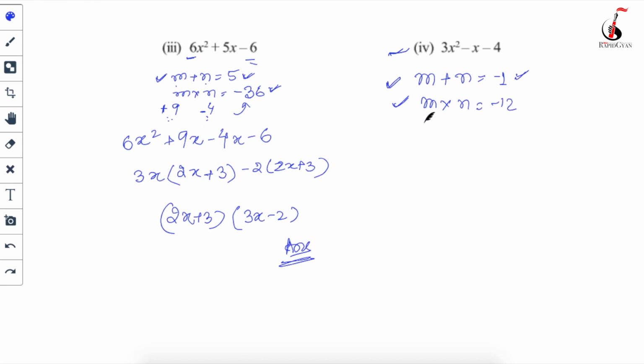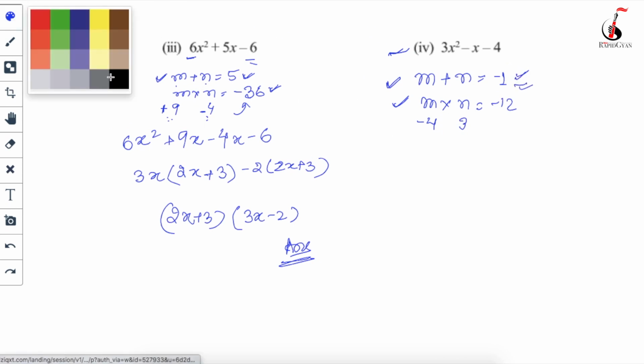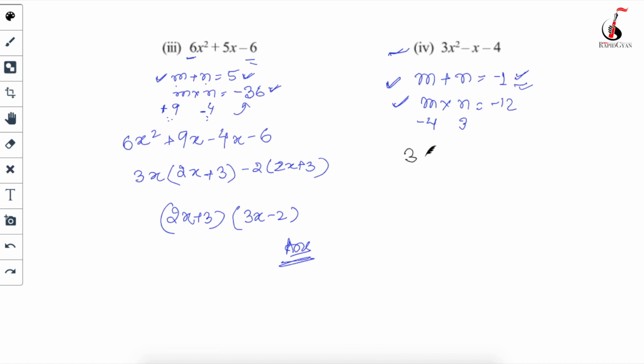So now this is very simple. I can take m as minus 4 and n as plus 3. So 4 threes are minus 12, minus 4 multiplied by 3, and minus 4 plus 3 is equal to minus 1. Simply write this. So this will give you 3x square, minus 4 means minus of 4x plus of 3x, and then minus of 4. From these two terms simply you can take x common. So what will you get?